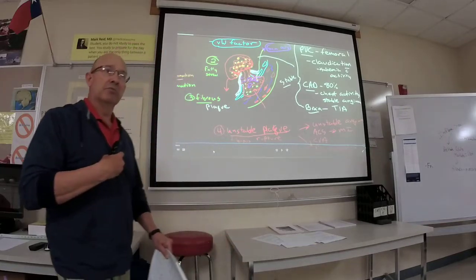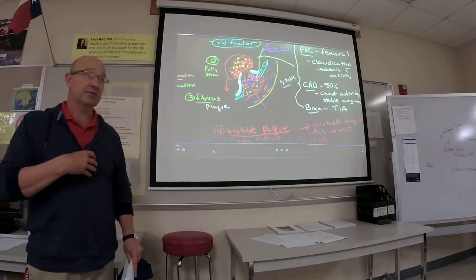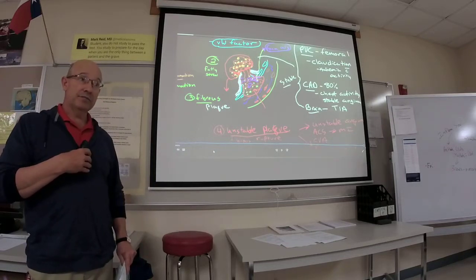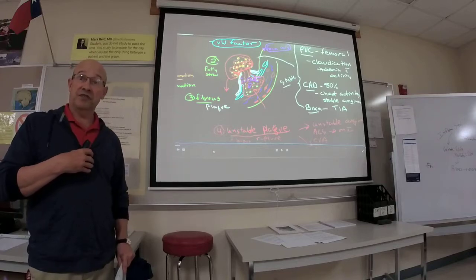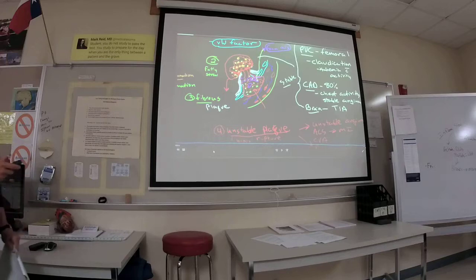It could move, depending on where it's at, it could move into a pulmonary vessel, causing what? Pulmonary embolism, right? Which is usually fatal. So a lot of things could happen when this takes place. But what it is, it becomes symptomatic.